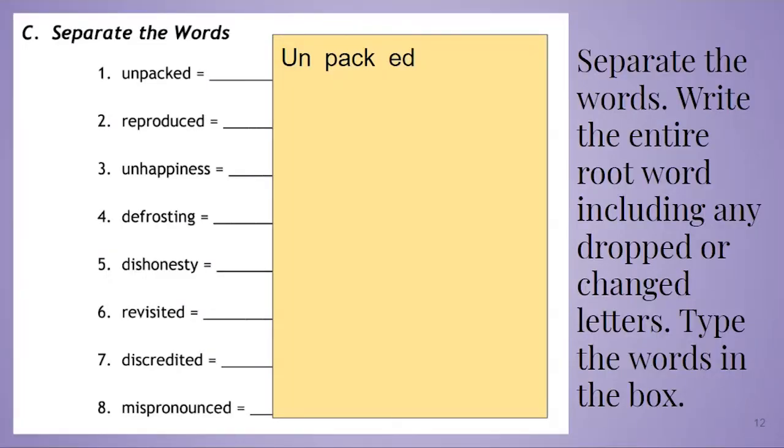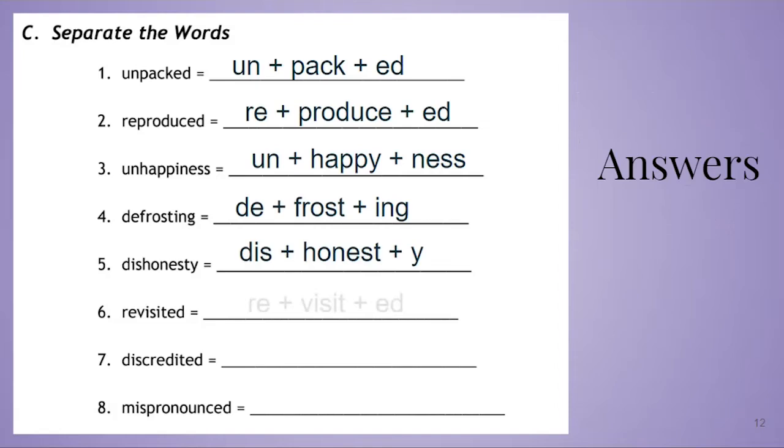So they ask you to separate these words into their prefix, suffix, and root word, and they want you to put the root word back with any original spelling that it had. So any change that was made or drop that was made, put it back to the original root word, and then the answers are on the next slide.